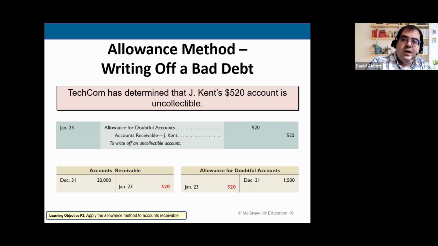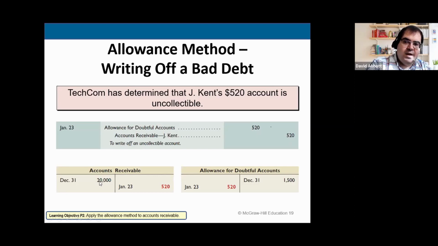And so we see here that we have a debit for the allowance for doubtful accounts of $520. That's the amount that we're owed from J. Kent. And then we have accounts receivable J. Kent. We credit that for $520. So that clears J. Kent's account, and then that puts that into the allowance for doubtful accounts.